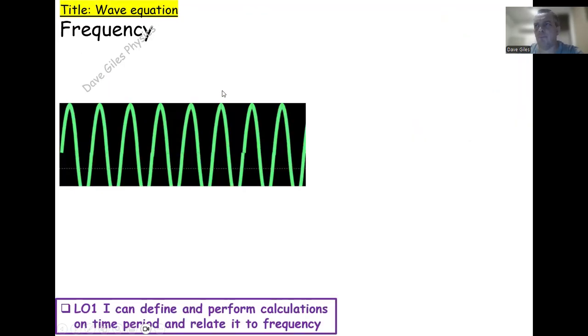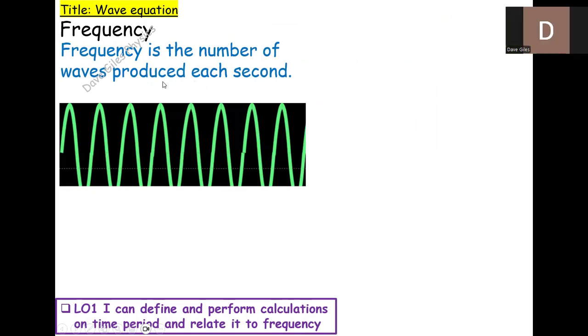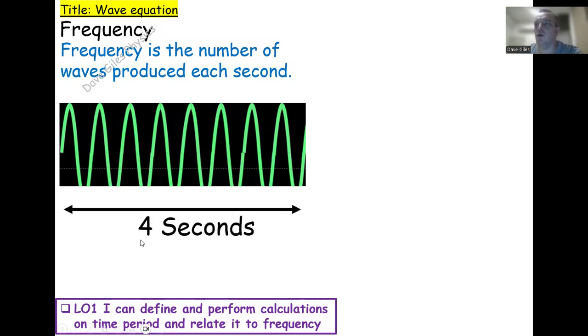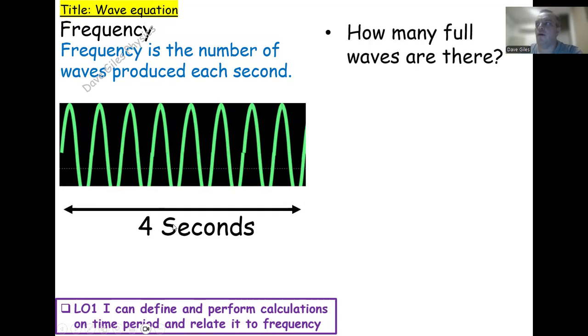So frequency is the number of waves produced each second. Okay, so how many waves you get per second. So here, for example, we have 4 seconds. So how many full waves are there? So you can see here, go from there all the way down, back up.